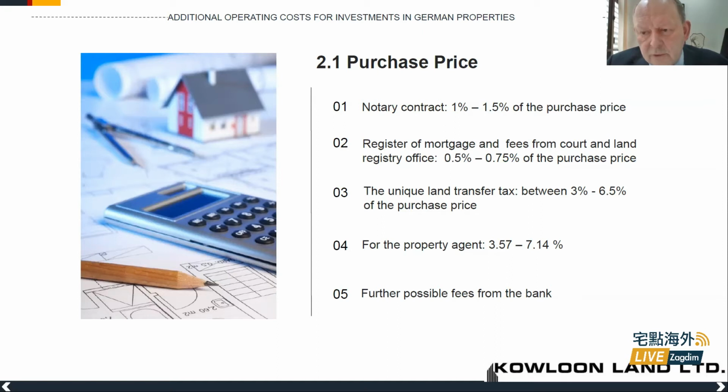So when you calculate, normally you pay between 3 and 6%, and 19% VAT is on top. For this one, you will get an invoice from the property agent after the contract is signed. The property agents in Germany are well protected by the law so that they really get the money.